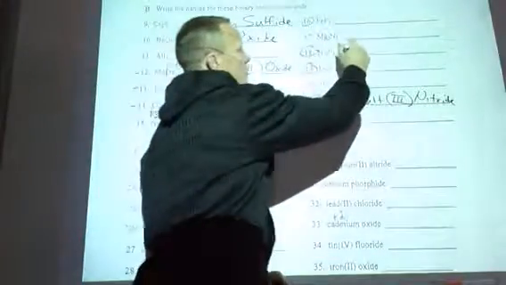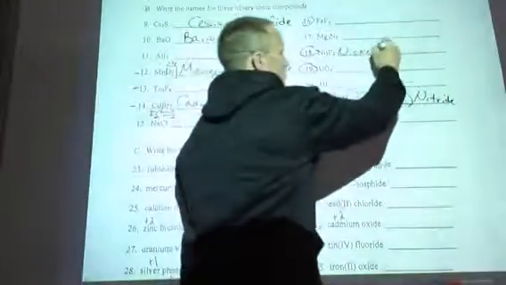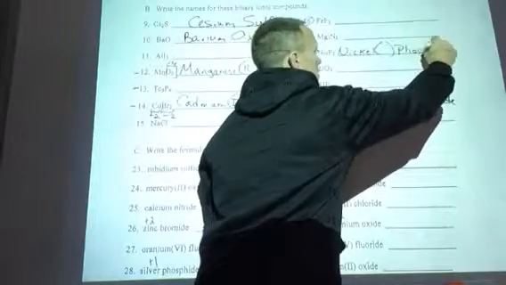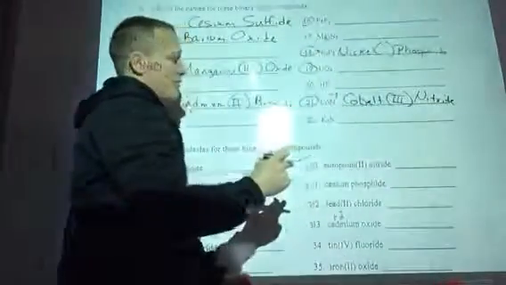Let's go right here. Nickel. Okay, nickel's a transition element, so we're going to need a Roman numeral. Phosphorus becomes phosphide. Again, I apologize, probably going off the video there, but it's phosphide. So in this case, this one's a little bit different.